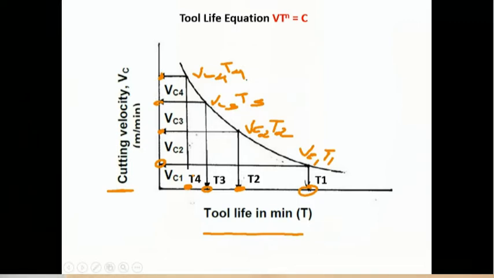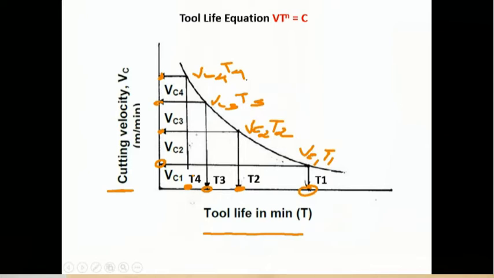You can get a plot like this by plotting velocities on the y-axis and tool life on the x-axis, and by considering these points you can get the profile of your combination of velocities and tool life like this. Here you can easily see that as the cutting velocity increases, your tool life decreases.